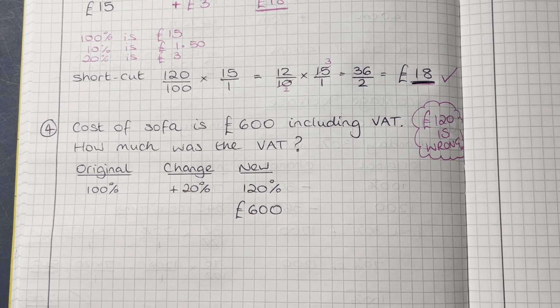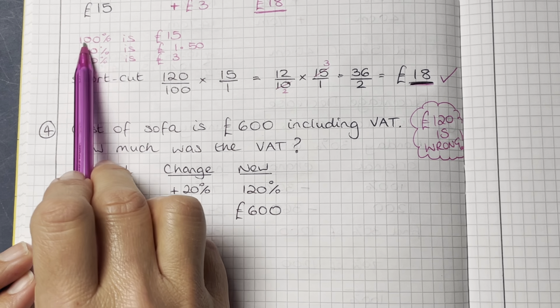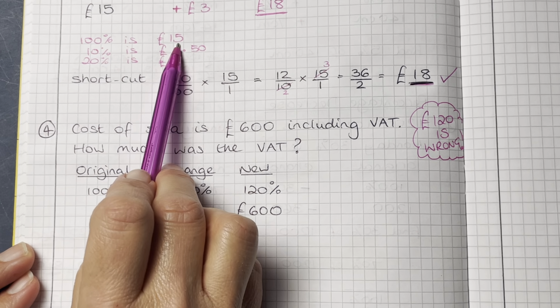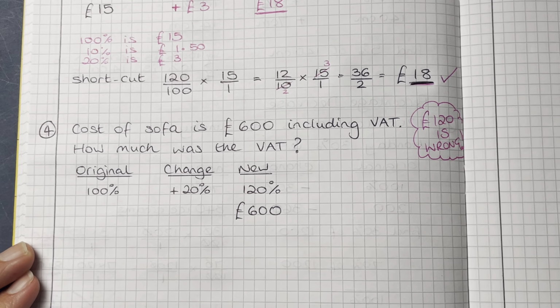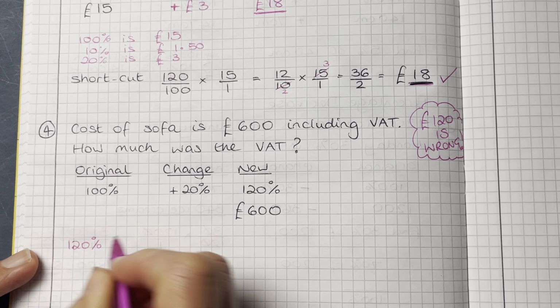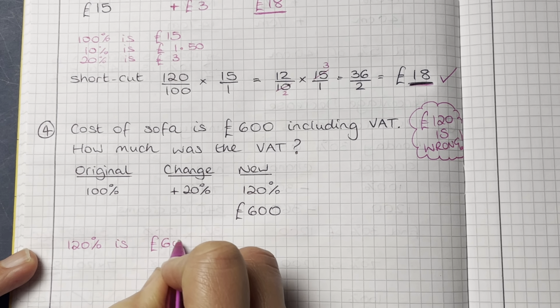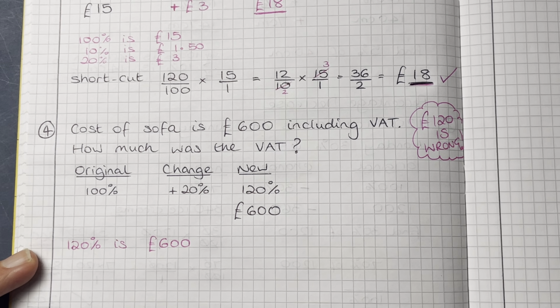So look how it's subtly different when I write it out. Here I wrote 100% is £15. This time I'm going to write 120% is £600. Now let's see how I know I need to get back to 100%.